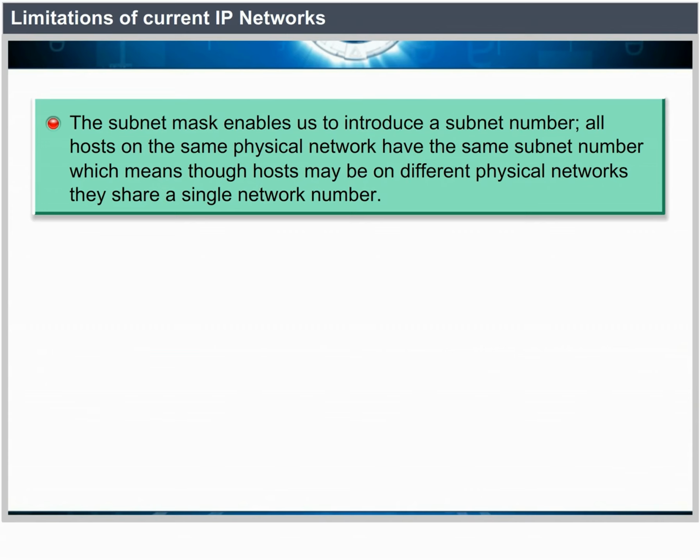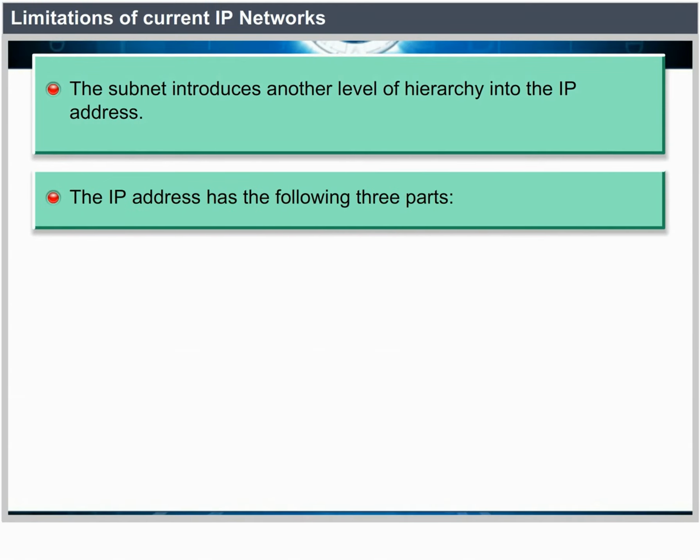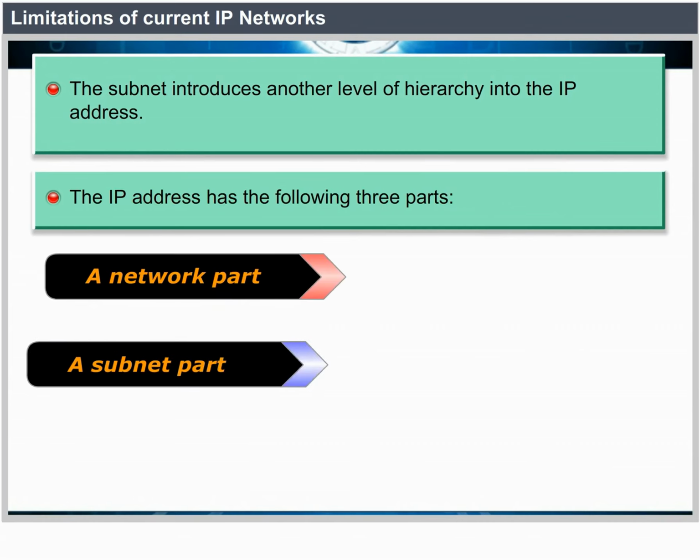All hosts on the same physical network will have the same subnet number, which means that hosts may be on different physical networks but share a single network number. The subnet introduces another level of hierarchy into the IP address. The IP address has three parts: a network part, a subnet part, and a host part.